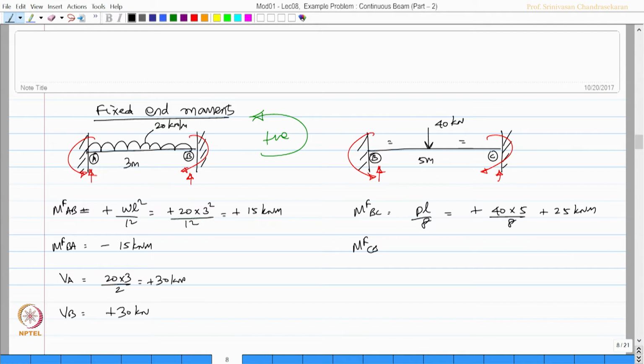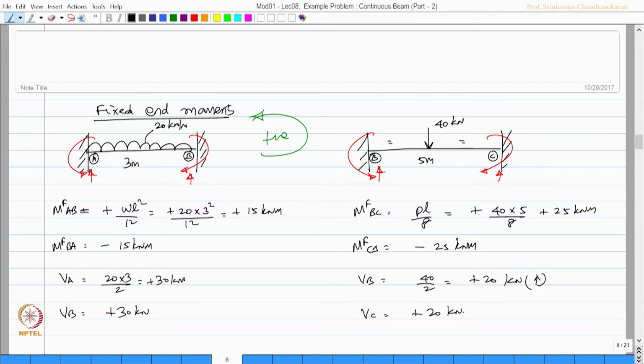MF CB will be minus 25 kilonewton meter, because this is clockwise and anti-clockwise is positive, and VB is 40 by 2, which is plus 20 kilonewton, because it is upward is positive. VC is also upward of 20 kilonewton.